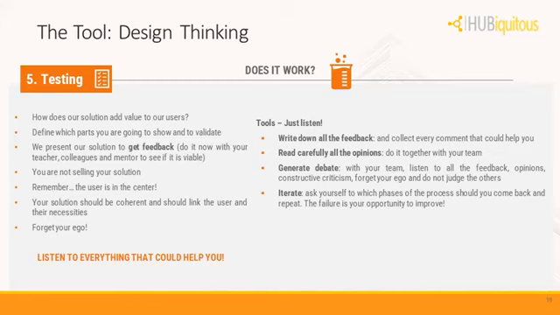You have to listen. For example, you can write down all the feedback and collect every comment that could help you, read carefully all this feedback and all the opinions together with your team, and generate a discussion with your team from the feedback that you have received, and also receive feedback from your team, collect their opinions, always listen to constructive criticism, forget your ego, and just learn from the other opinions.